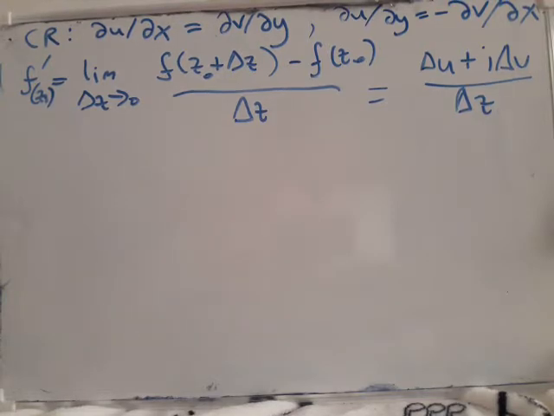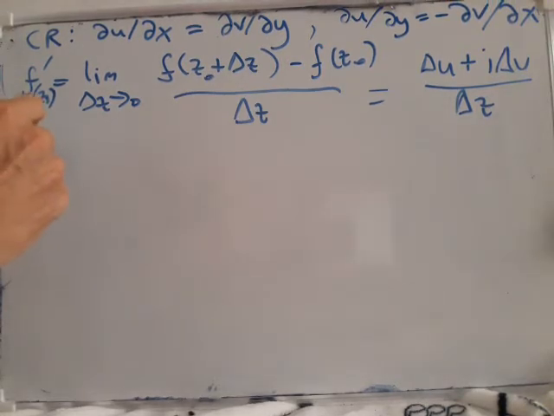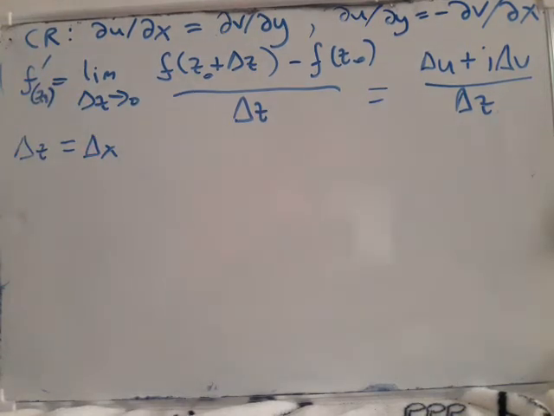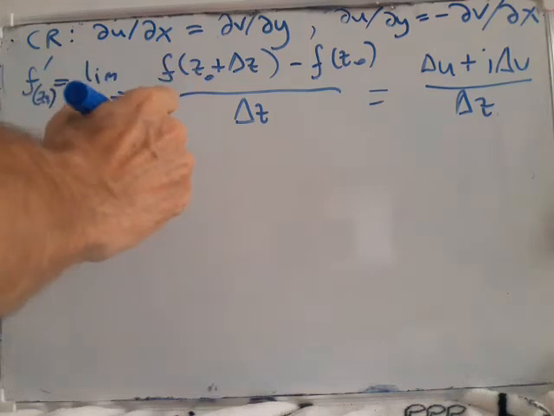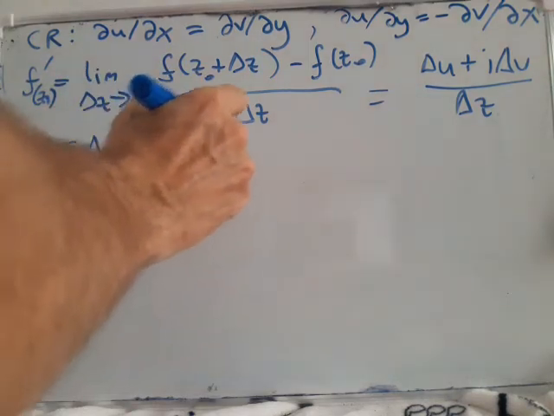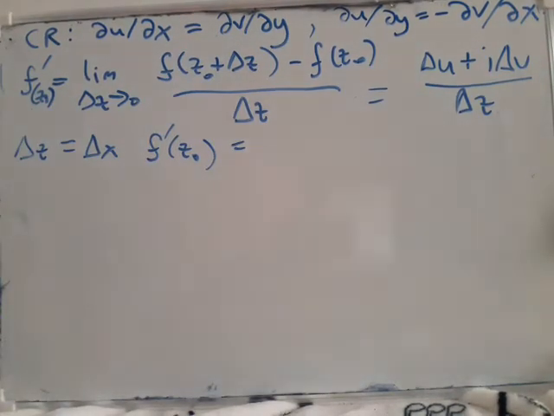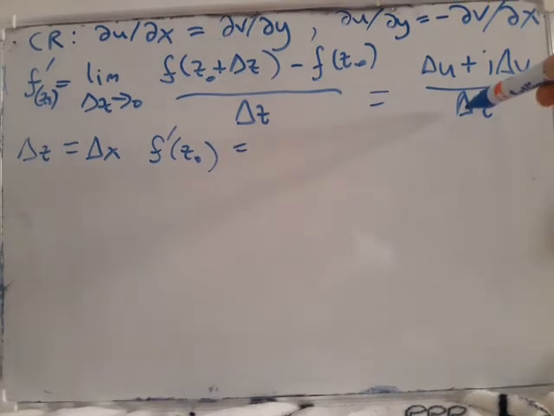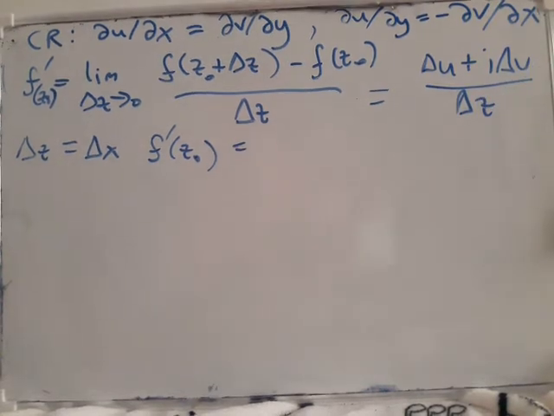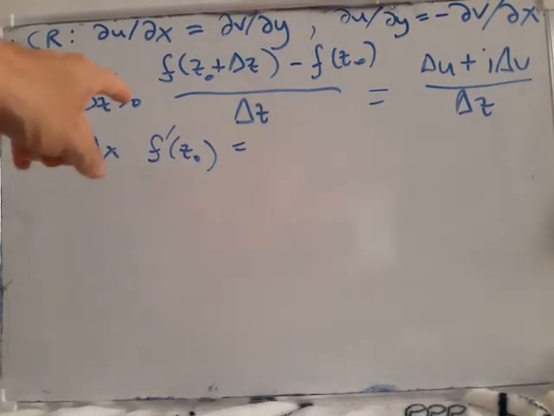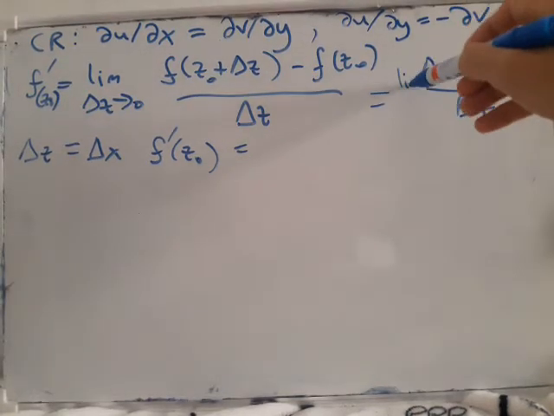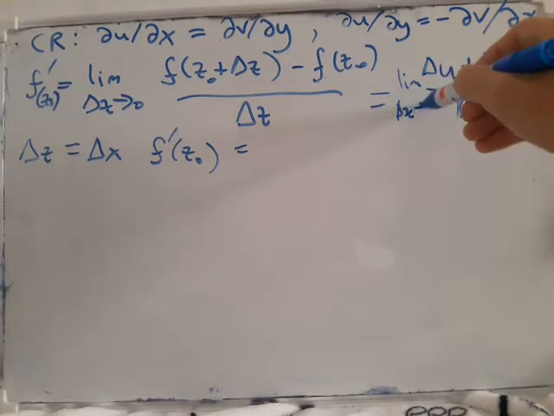So if we choose that delta z is in the x direction, then we can write delta z as delta x. And then we have f dashed of z naught, we just replace the delta z by delta x and then take the limit as delta z tends to 0.